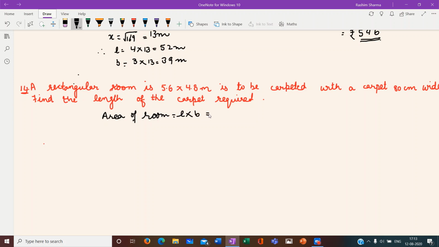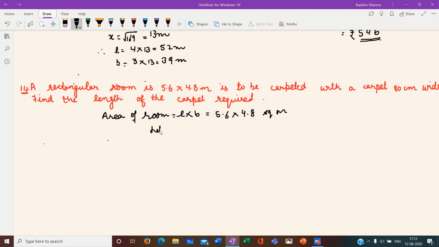So that is equal to 5.6 into 4.8 square meter. Now it means the area of the room should be equal to the area of the carpet, because the whole room is to be carpeted. Okay, so here we are given only the width of the carpet.